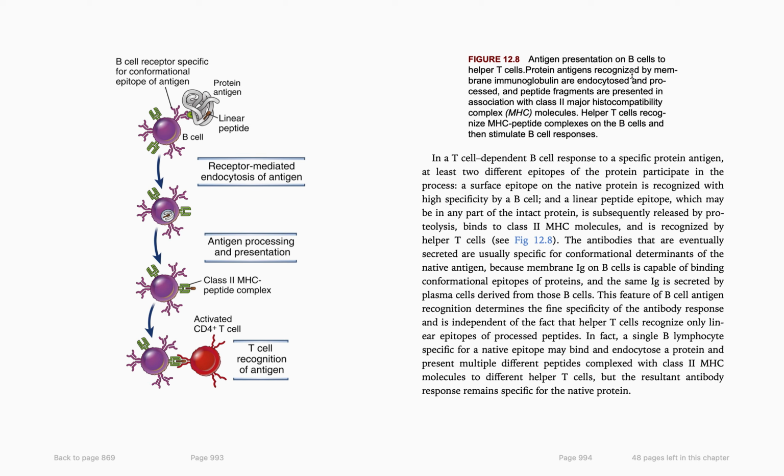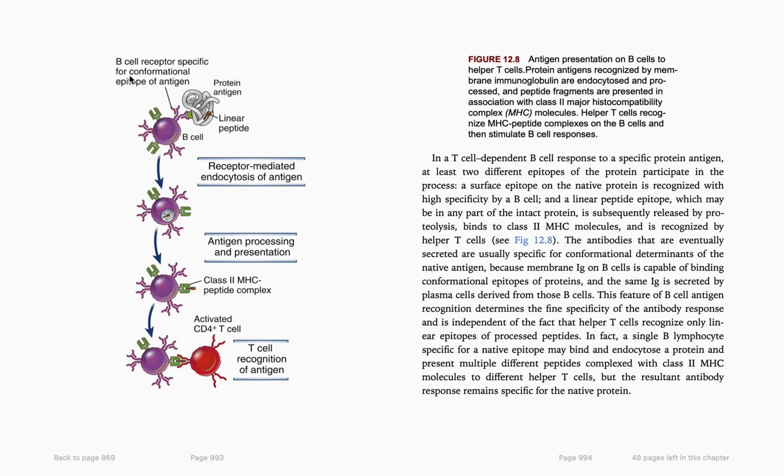Another diagram is 12.8, antigen presentation by B cell to helper T cell. Protein antigen recognized by membrane immunoglobulin is endocytosed and processed, and peptide fragments are presented in association with class 2 major histocompatibility molecules. Helper T cells recognize the MHC peptide complex on the B cell and then stimulate the B cell response.